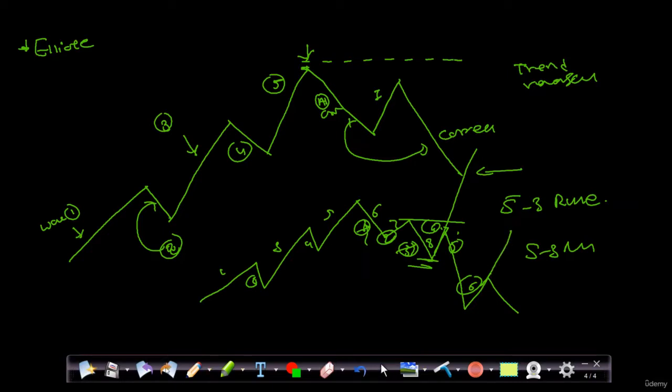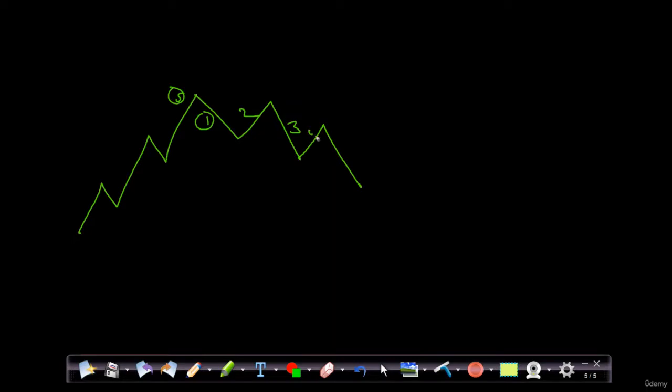For example, suppose this is the pattern. This is the fifth wave. What will happen? Again 1, 2, 3, 4, 5. That means here the market will end its down move, and again the market will move like this. Again 1, 2, 3, 4, 5, something like that.